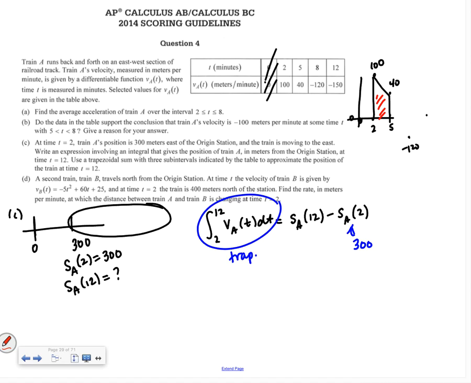Now the middle trapezoid is really weird. It's not really a trapezoid because it crosses the axis. So we go from 40 down to negative 120, and then we have that width. So it's really kind of like 2 triangles, but we'll still use the trapezoidal rule formula. And then this next part would go from negative 120 at 8 to negative 150.